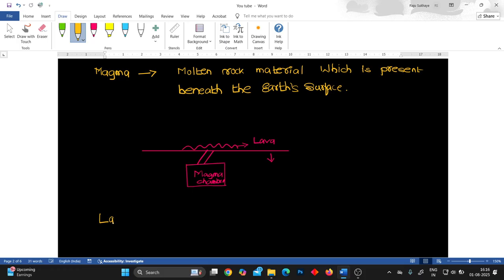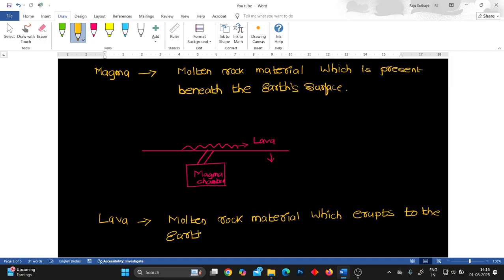So we can write down the definition of lava. It is nothing but the molten rock material which erupts to the earth's surface.